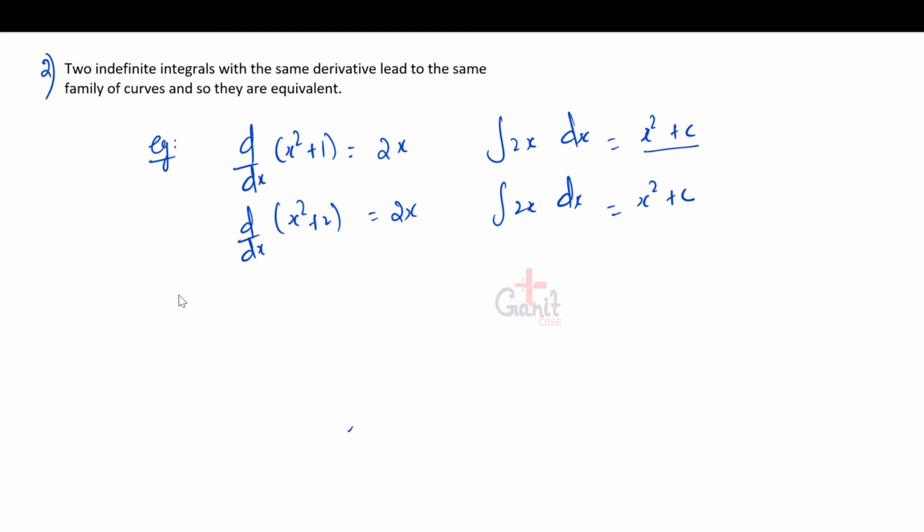So these two integrals have the same derivative. This is the derivative, this is the integral. Two indefinite integrals with the same derivative lead to the same family of curves. So this is the family of curves.